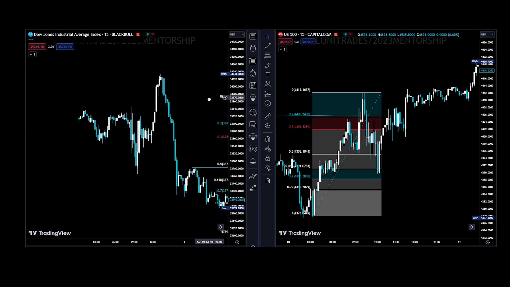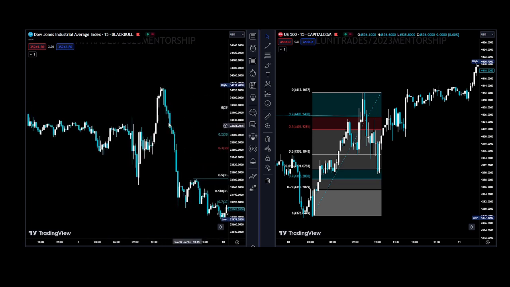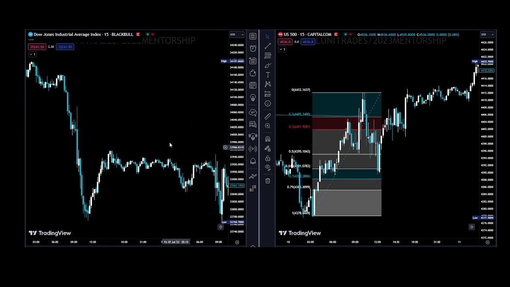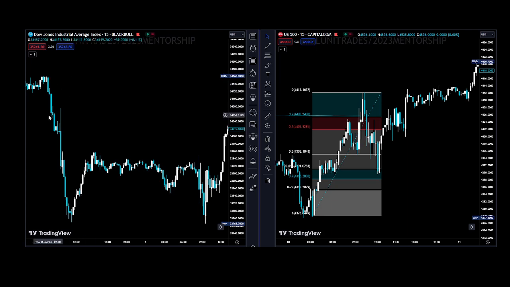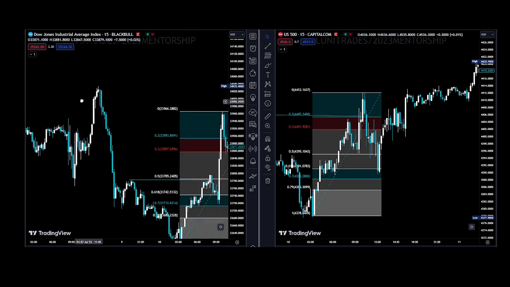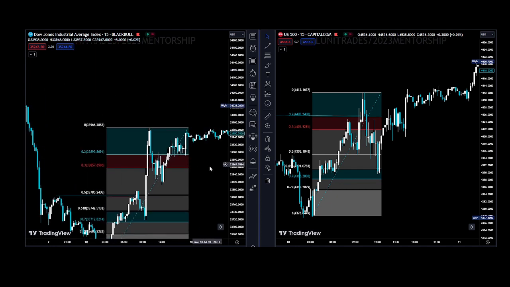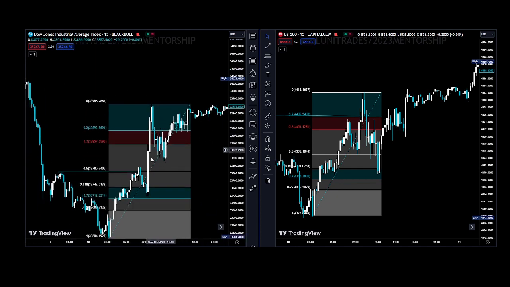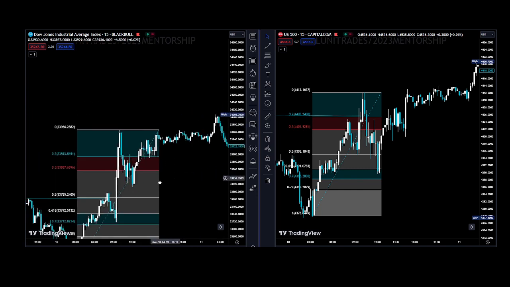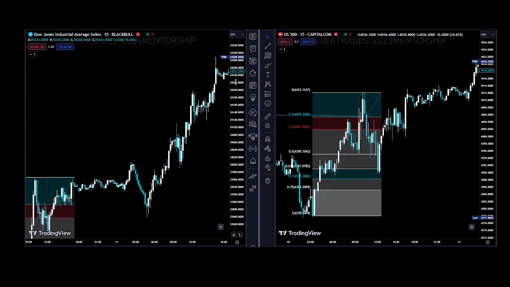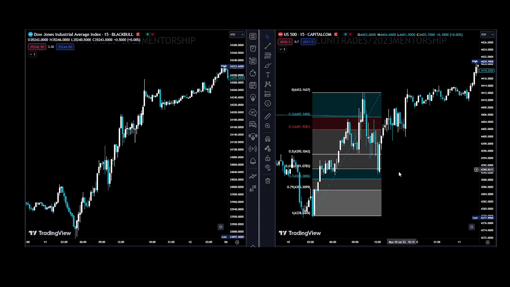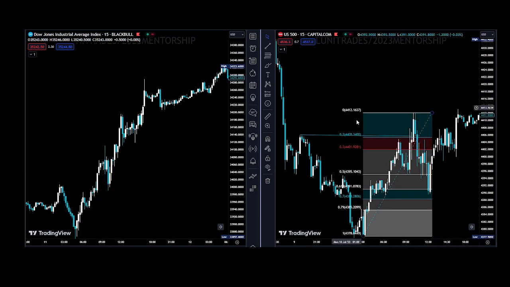So if the sentiment was bearish, you understand, the market was coming down, so there was a lot of buy side liquidity left. So since there was a reversal here and this retraced below the 0.5, this will actually be bullish and it will take more buy side compared to the US 500 that will retrace deeper.